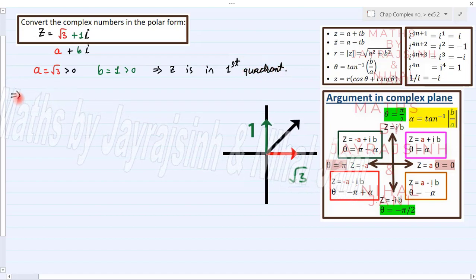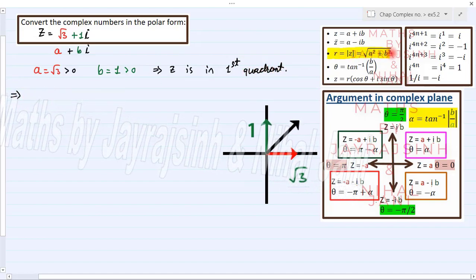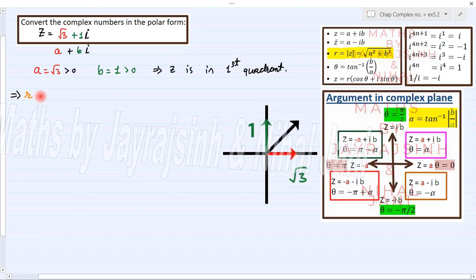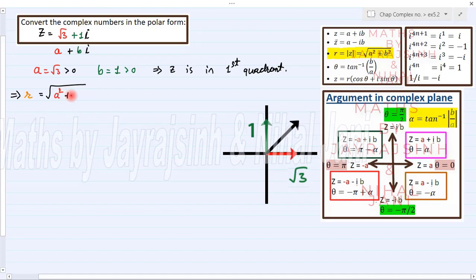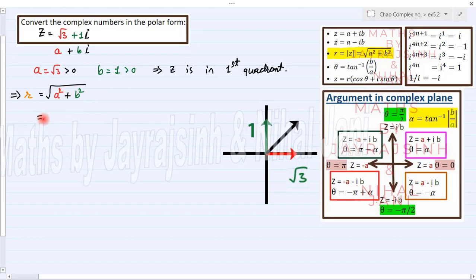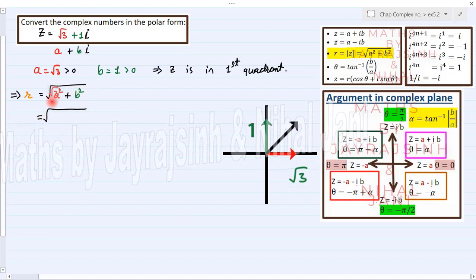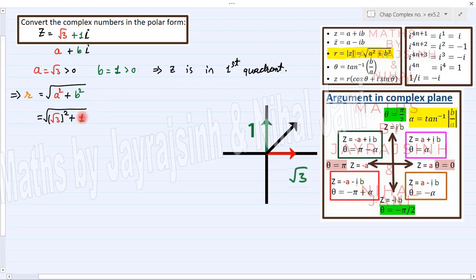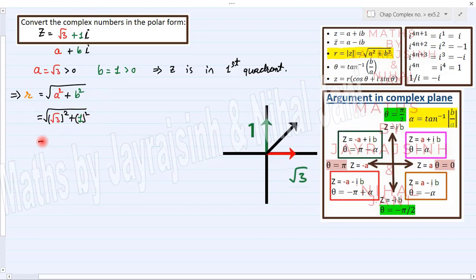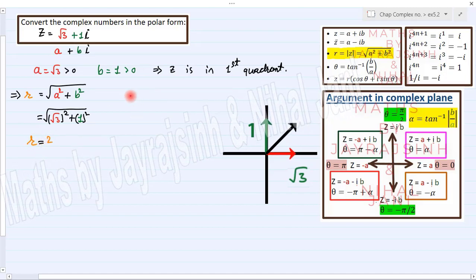Now to get polar form, the first quantity we need is the modulus r, which is the square root of a square plus b square, where a is the real part, which is root 3 squared, plus b, the imaginary part, which is 1 squared. So here we'll get modulus equal to 2.